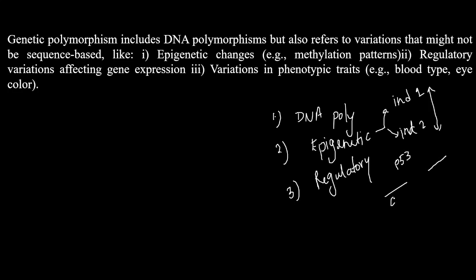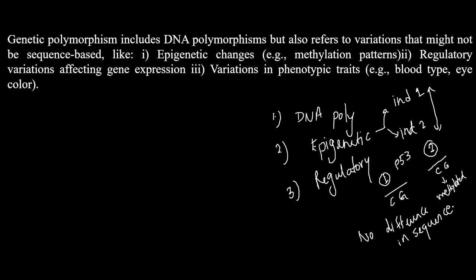Maybe in patient number one the sequence is CG, but in individual number two it could be CG, but this C is methylated. And when a particular sequence is methylated, it basically suppresses the expression of the gene. So here you can see there is no difference in the sequence. The point to be noted is no difference in the sequence, only the methylation pattern is different.